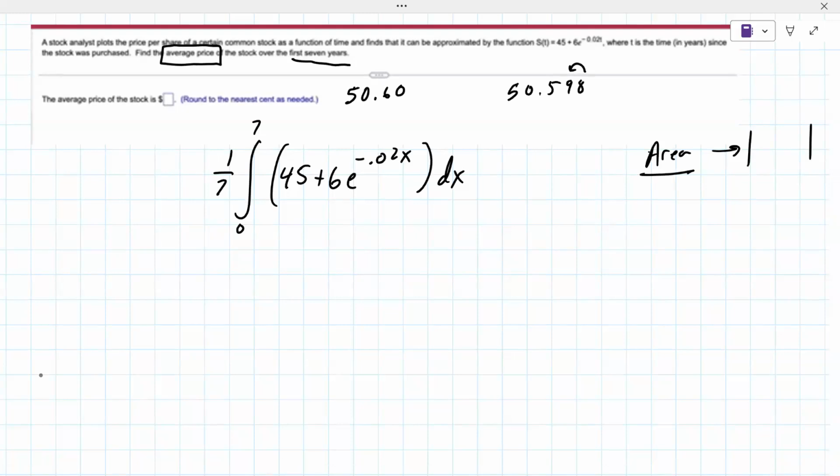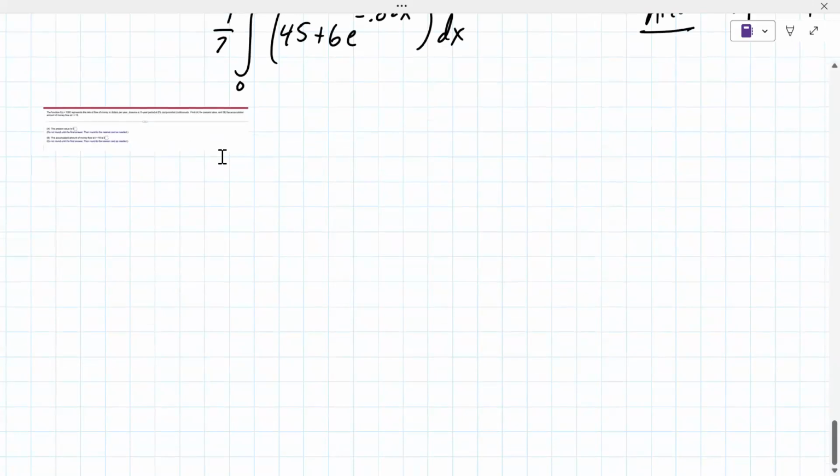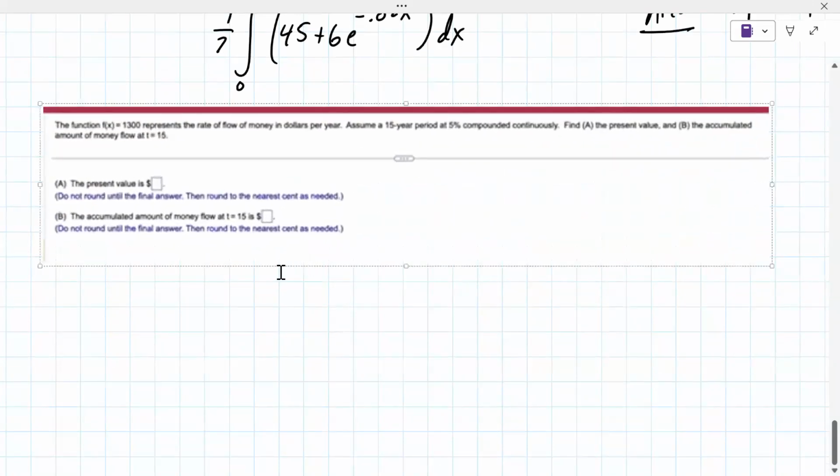On your test, it won't be that close. It'll be 50.60, it'll be there. The other ones will be further away. Any questions on that before we transition to a new style of problem? No, that makes sense.